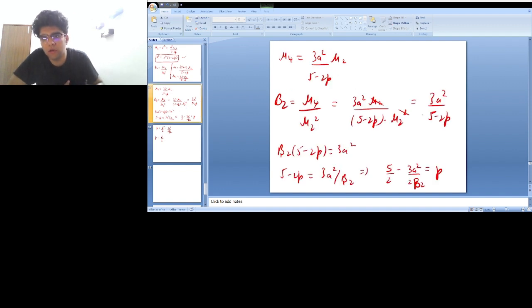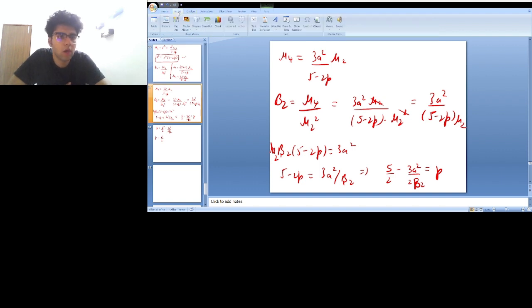I have another mu 2 in the denominator also, right? So this is mu 2 beta 2. I had another mu 2 here in the denominator, so this becomes beta 2. Let me just erase some of the steps. I'm so sorry, let me just rectify my mistake.